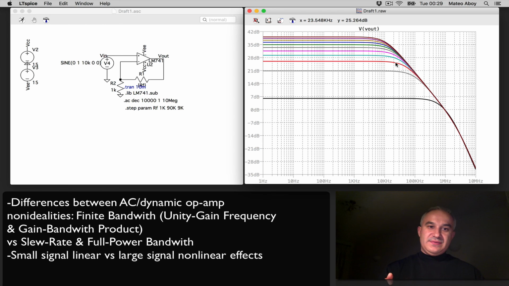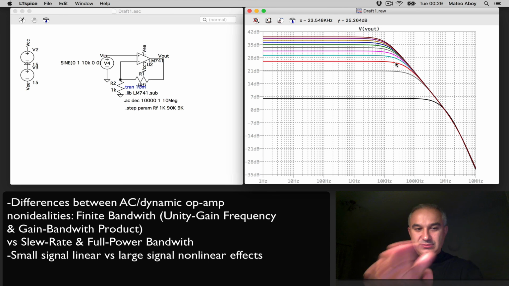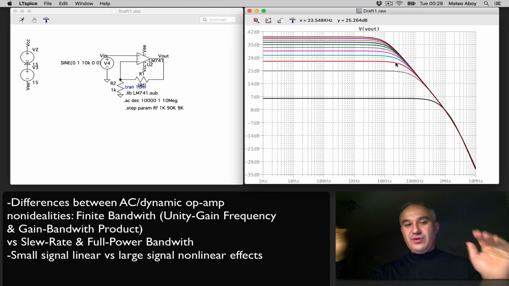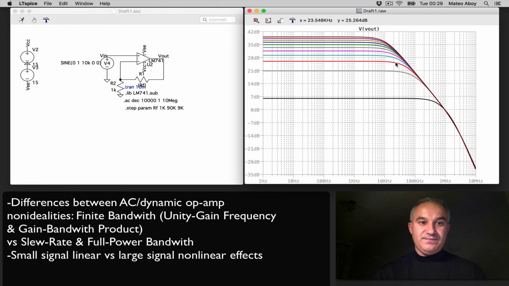So to recap, there are two types of AC limitations or dynamic limitations. There is a small signal linear limitation. It is this one. The gain is not constant with infinite bandwidth. It has a roll-off.